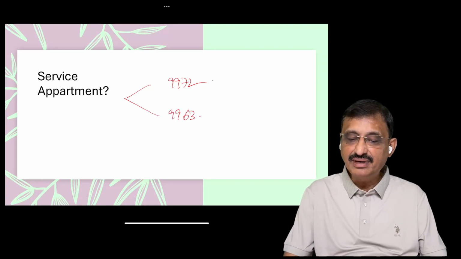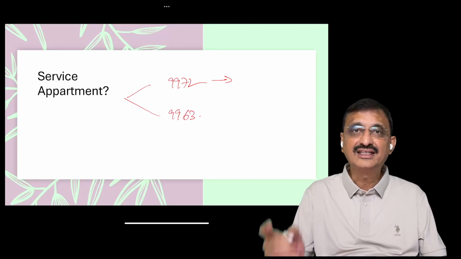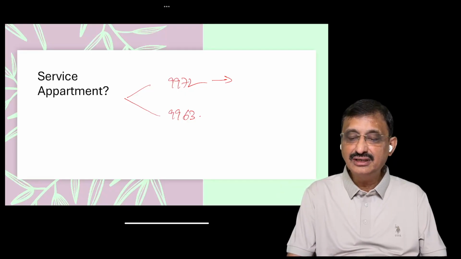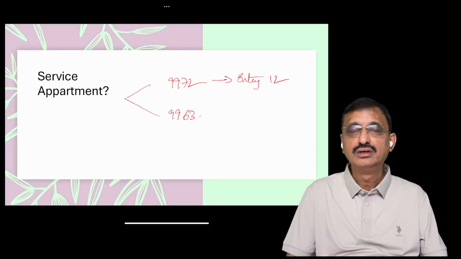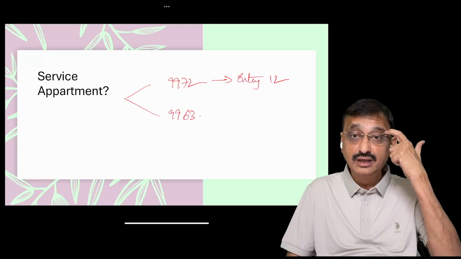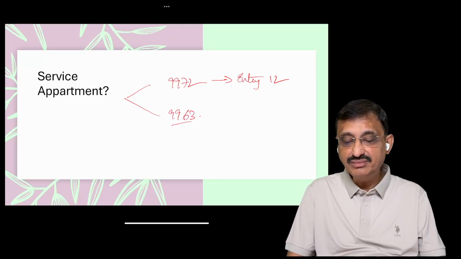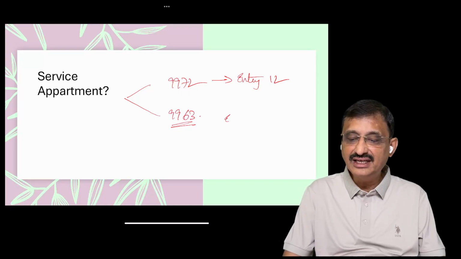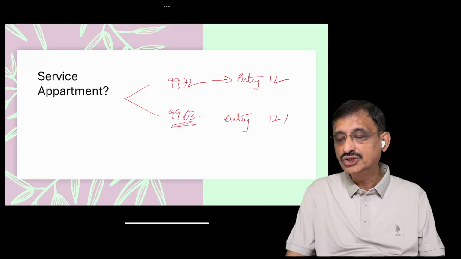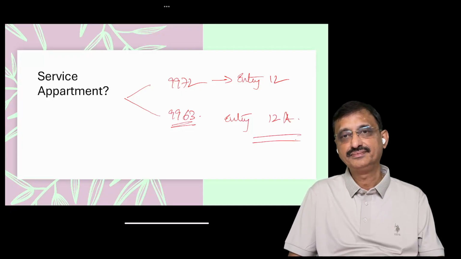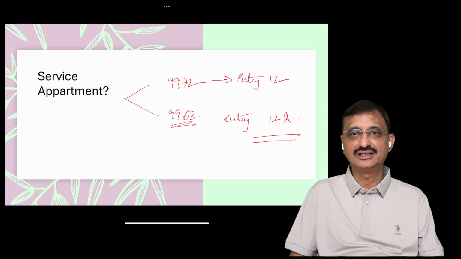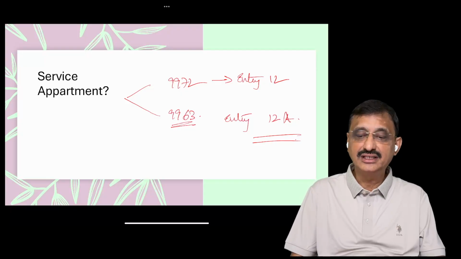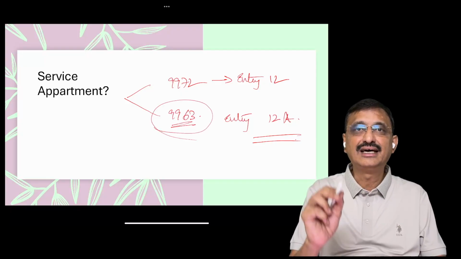If it comes as 9972, then if other conditions are satisfied, you may examine whether you get an exemption by virtue of entry 12 of the exemption notification. Now, if this comes in the classification of 9963, then you can examine whether an exemption is available by virtue of entry number 12A of the exemption notification. Generally, the service apartments are classifiable as 9963.